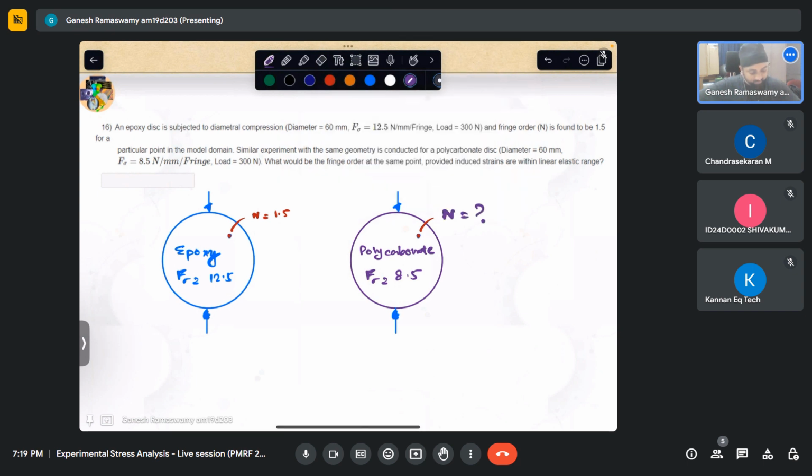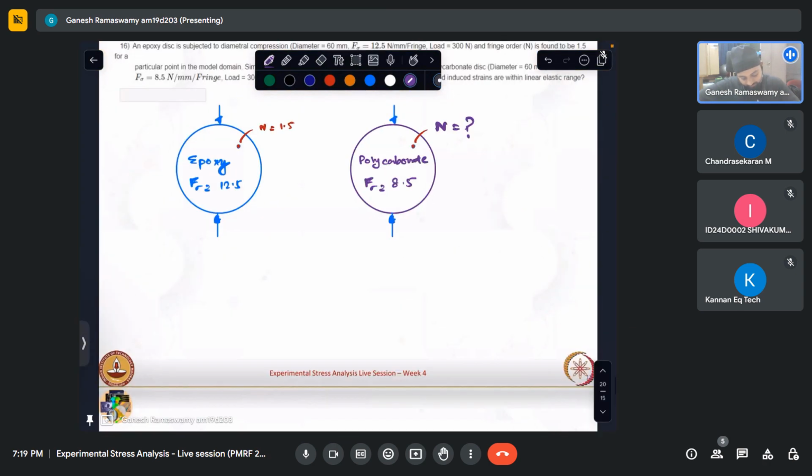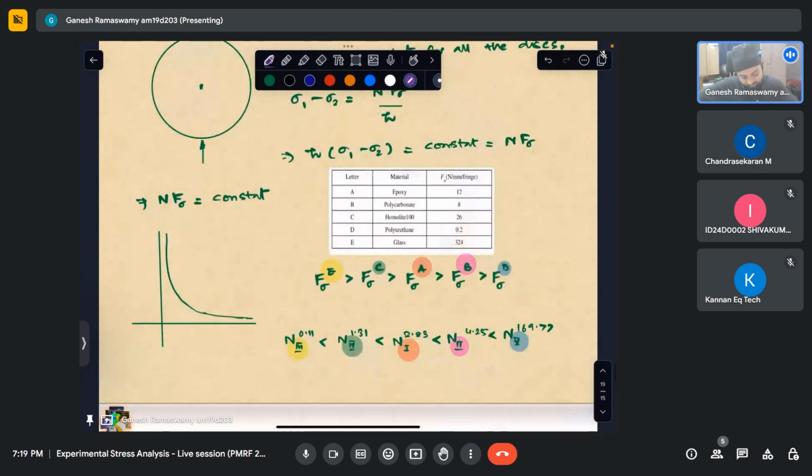Naturally, we have seen that if F sigma is different, N also will be different. And we saw from the previous problem that this is constant.